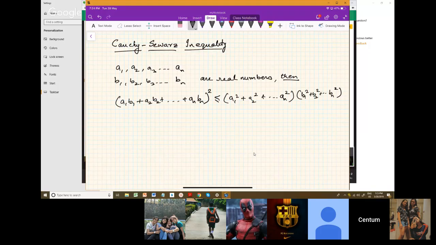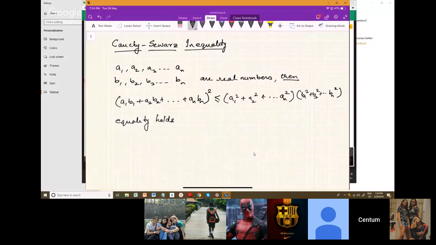And equality holds only if A1 by B1 is equal to A2 by B2 is equal to A3 by B3 is equal to all that, AN by BN. This is called the Cauchy-Schwarz inequality.